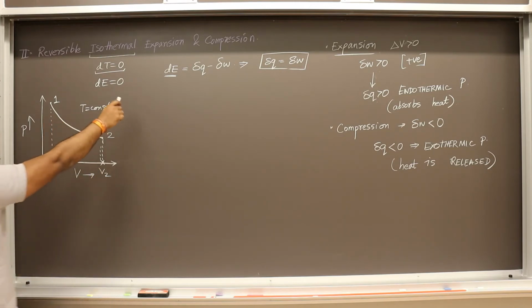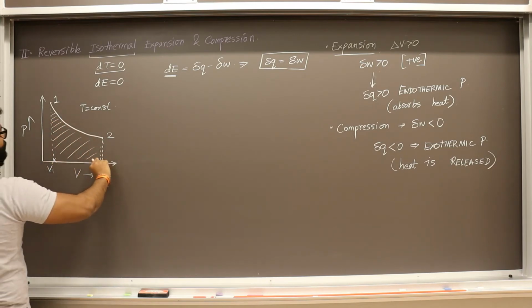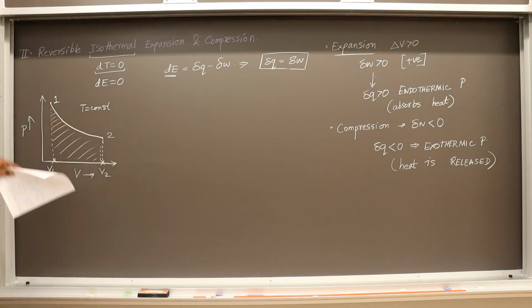Now, we know that dE is 0, but there is some amount of work done when a gas moves from state 1 to state 2 with its temperature constant. We would like to find out what that amount of work is.